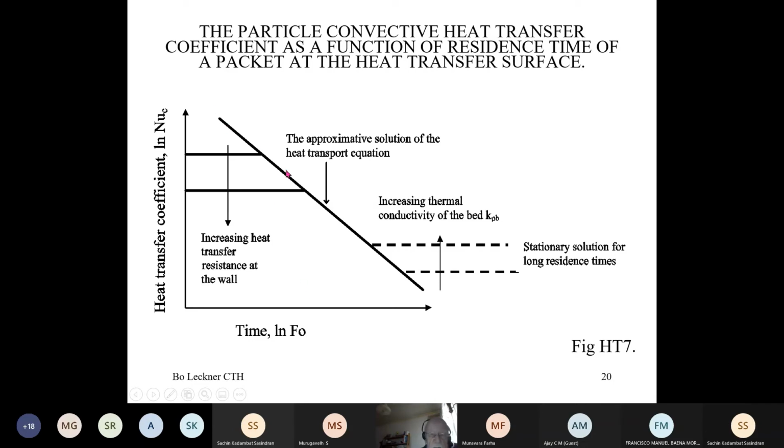And this is the equation that I showed you. And then it is cut here by the gas gap. It is not defined, it could be different thicknesses of the gas gap somewhere here. And then at very long residence time, it degenerates into thermal conductivity of a stagnant particle packing. So it is like heat transfer in a packed bed. So the heat transfer coefficient moves between these two.